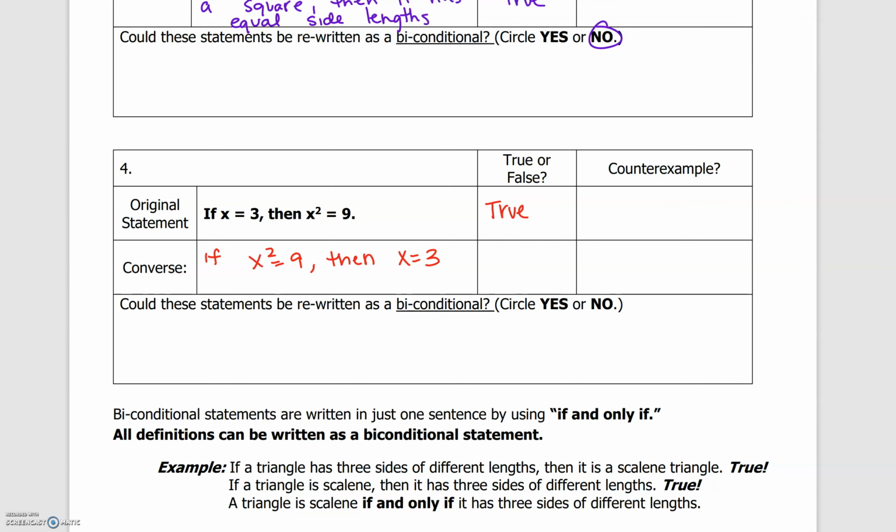Well, if that first part is true, then x could not only equal 3, but it could also equal -3, because -3 times -3 is 9 as well. So it doesn't always have to just be +3. So that is false. X could equal -3, and that first part is still true. So no biconditional for that one.